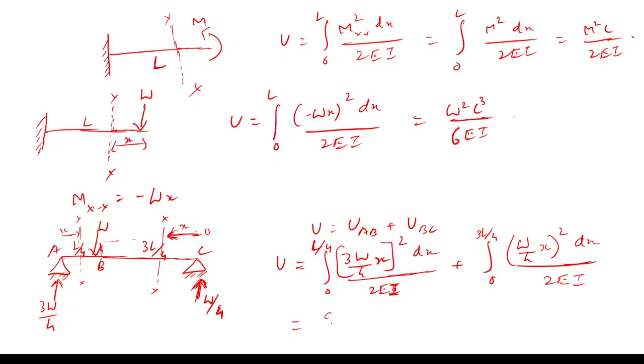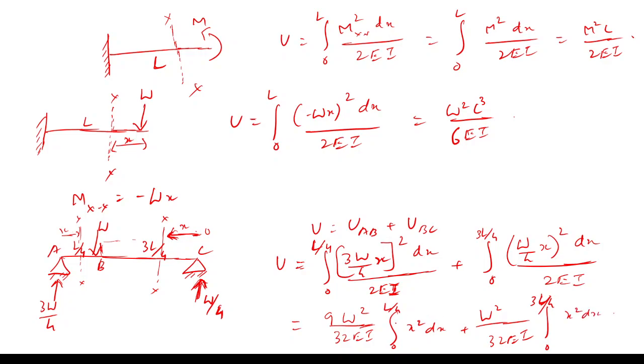Here I can write this as 9W square divided by 16 into 32 EI, integration of 0 to L by 4 of x square dx, plus W square divided by 32 EI, integration of 0 to 3L by 4 of x square dx.